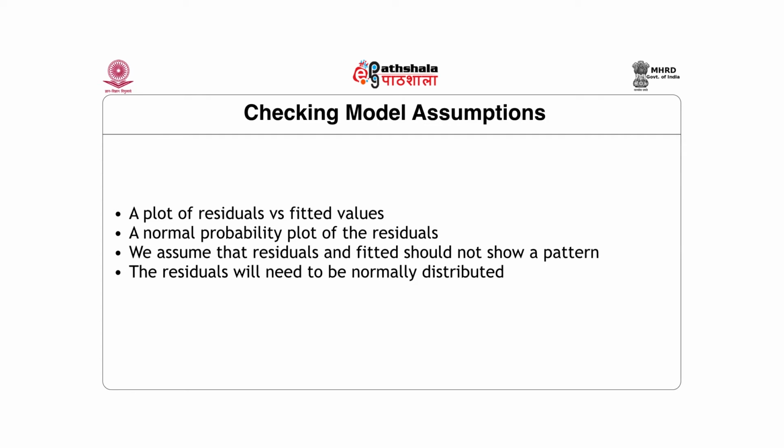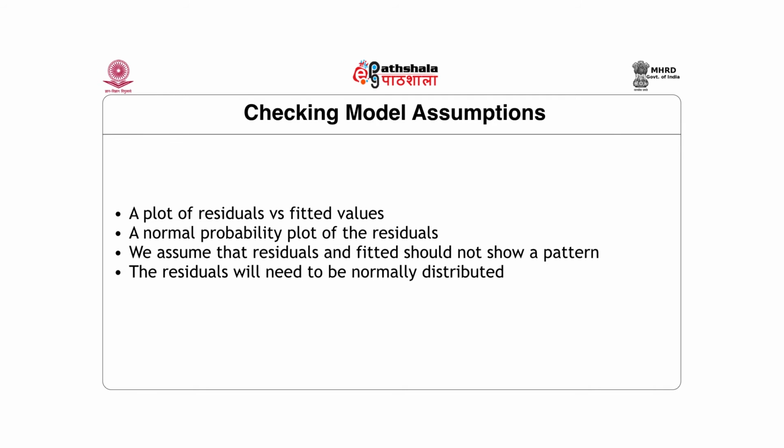Normal probability plot of the residuals, because we want to see that the residuals follow a Gaussian distribution. And we will assume that the residuals and the fitted values should not show a pattern. In other words, we are not going to expect that the residual values are actually going to diverge from a range, which is known as heteroscedasticity. And the residuals will ideally be normally distributed. So let's see how we can accomplish these kinds of activities in R.